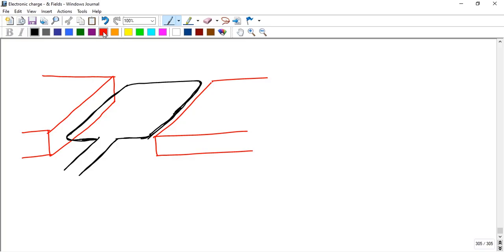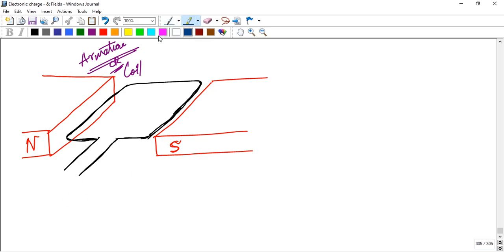These are the magnets, north pole and south pole. There is a coil, also called the armature; both names mean the same.